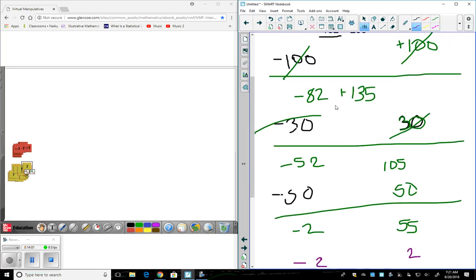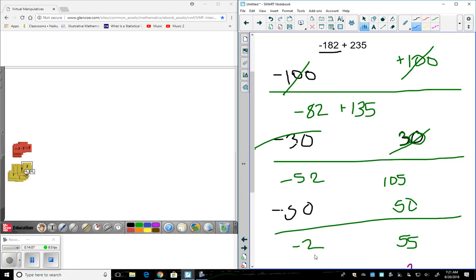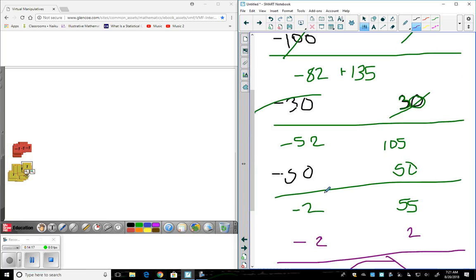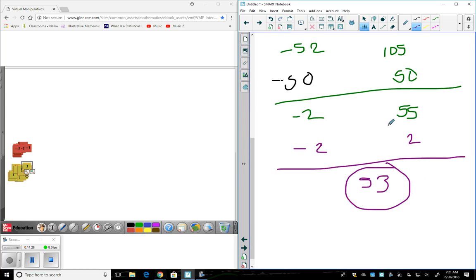Okay, so I just slowly started taking away numbers that I knew would fit in both of them that I could easily take away. So here I knew I could take at least 100 from each section. So that left me with negative 82 and 135. And then I knew I could take 30 from each section and still have some left over. Well, 50 and 50 would give me here, so now I'm left down with 2 and 2. Okay?